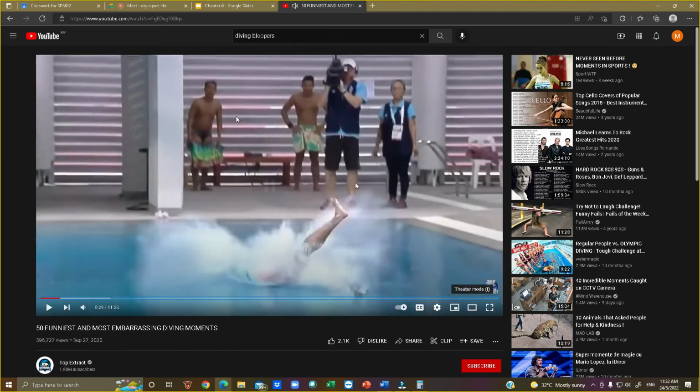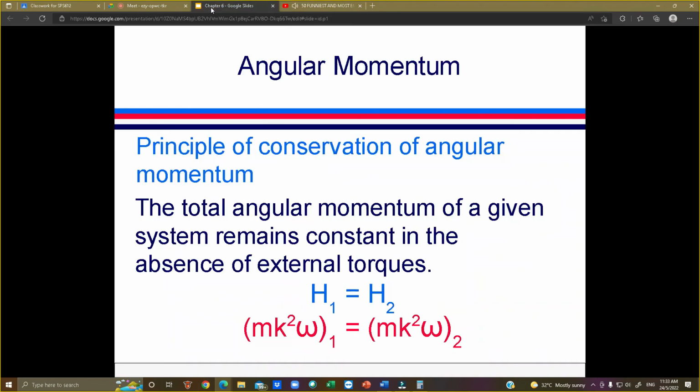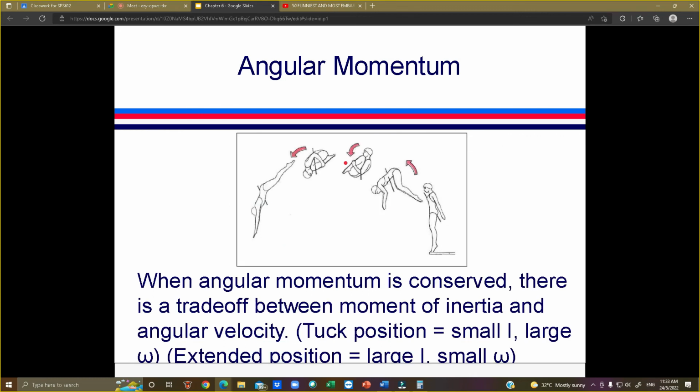Okay. So, in angular momentum, it is actually quite similar to linear momentum where we have the principle of momentum conservation. It's the same. Okay. So, especially in that kind of action, we have phase 1, 2, 3, 4, 5, the amount of momentum is going to be equalized.